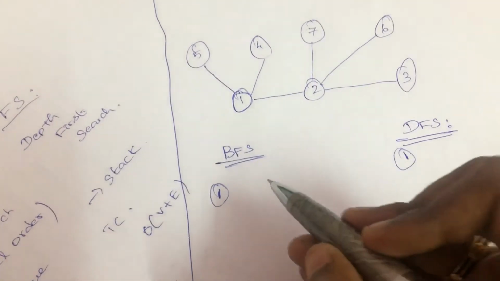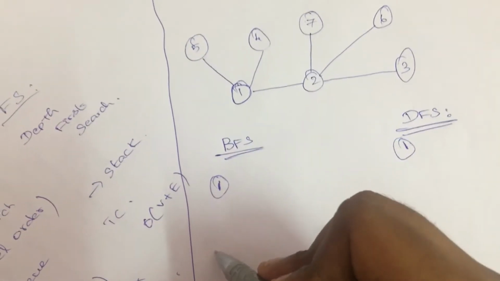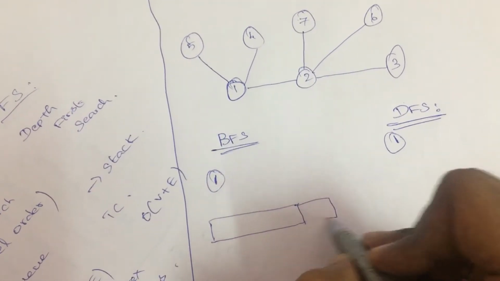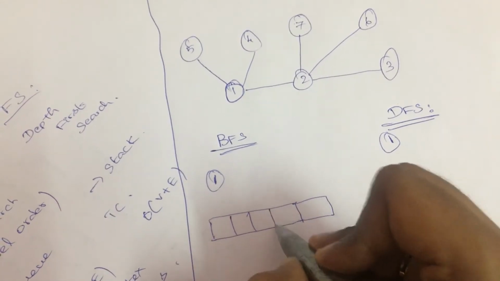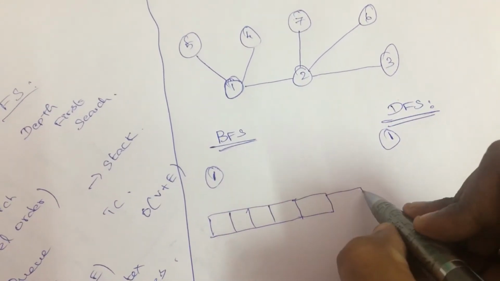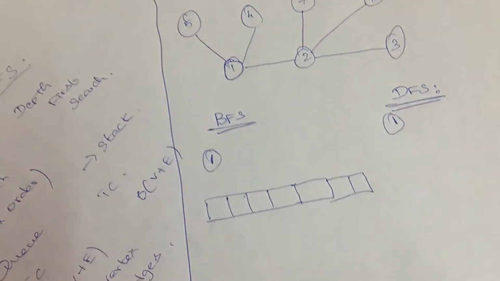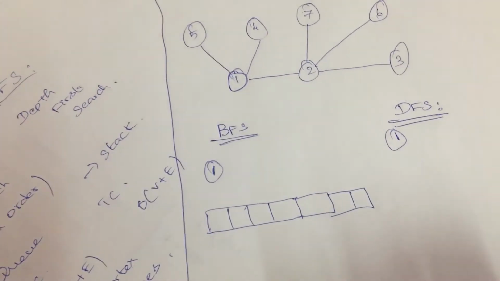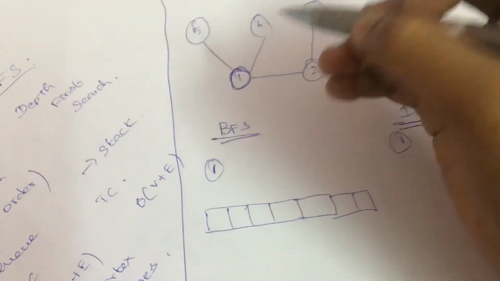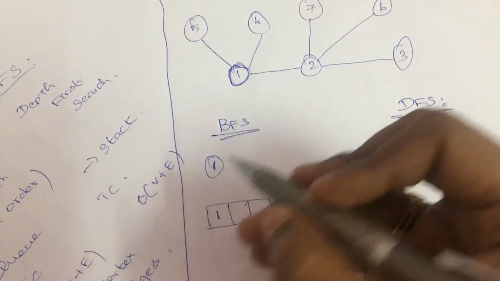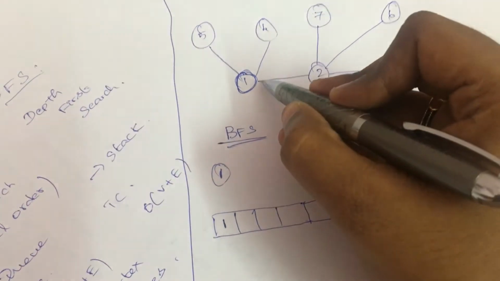If I'm starting with 1, I'll have a queue with exactly 7 boxes, since I have 7 vertices and need to visit all of them. Starting from 1, I'll push the value 1 into my queue, then check all the vertices connected with 1.